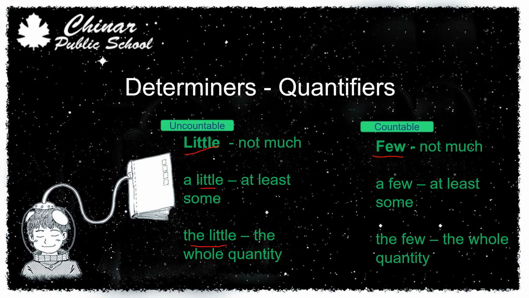Similarly, we have few, a few and the few. Now little and few are almost of similar meaning. That means something less. But if we use an article a or the before it, or without the article, then the meaning changes. So here I am going to tell you the meaning of these 3 words.